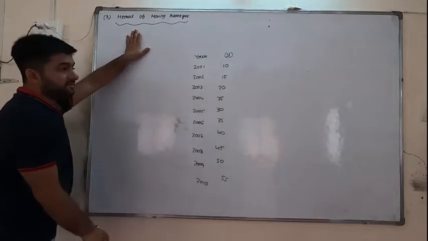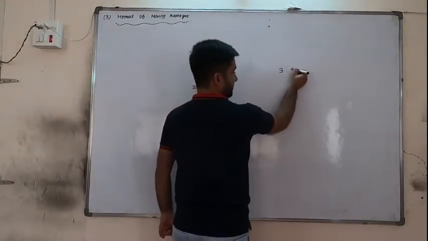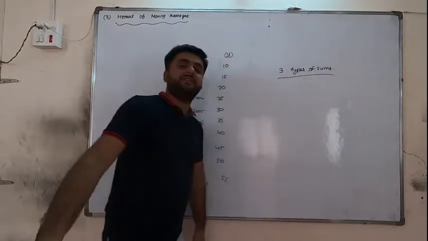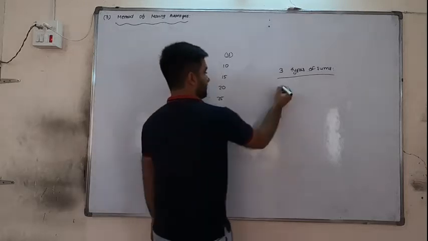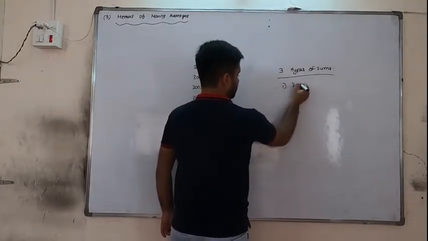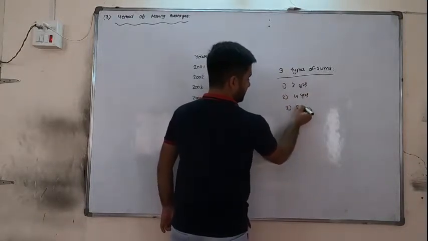Now the method of moving averages has 3 types of sums. 3 types of sums means we have to take the average of 3 types. That is, the first one is 3 years, second one is 4 years, and third one is 5 years.